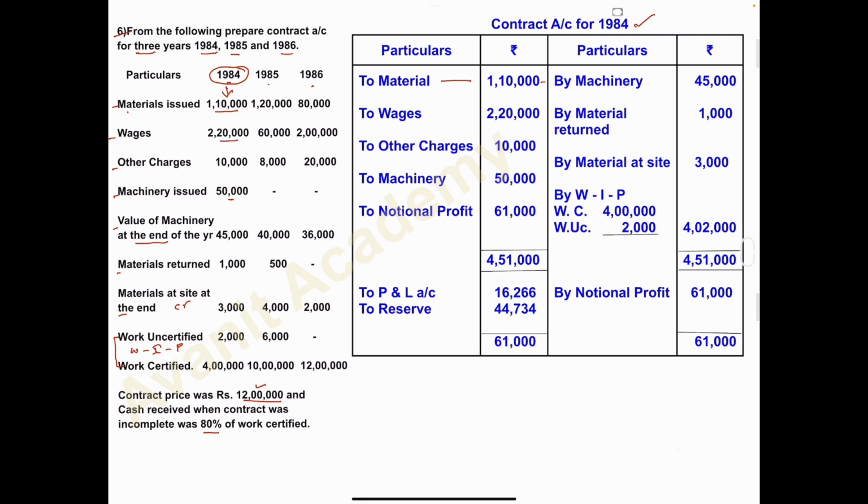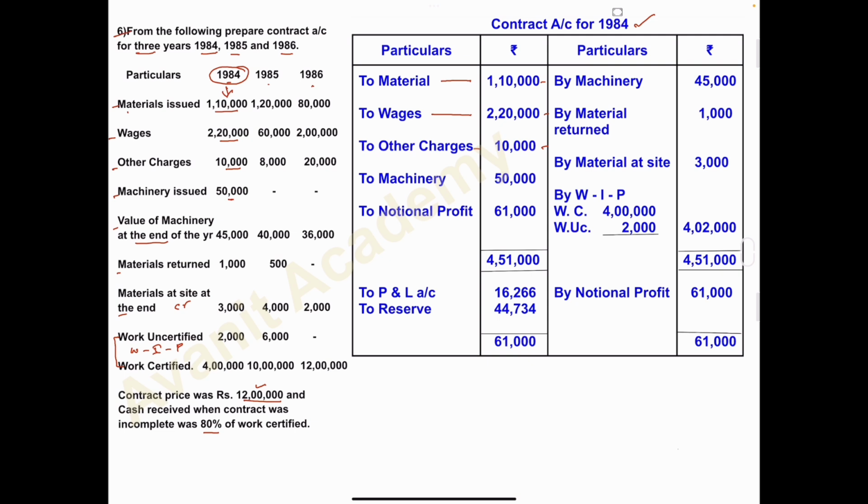In 1984, wages amount is 2,20,000. To wages 2,20,000. Next item, other charges. In 1984, other charges amount is 10,000. Write debit side. To other charges amount is 10,000.